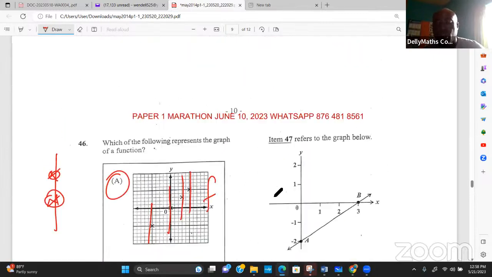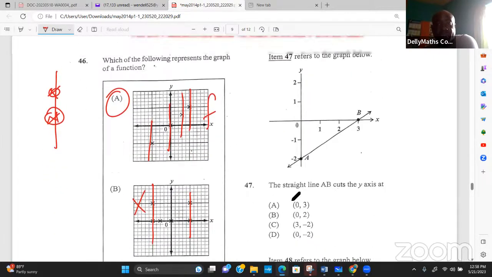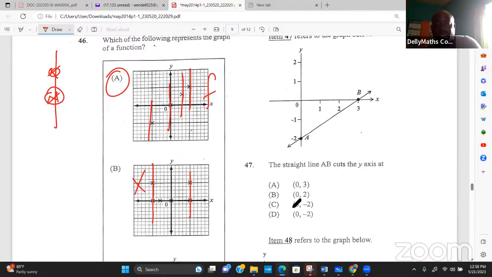All right, let's go. Item 47 refers to the graph below. So you're looking at your graph. The straight line AB cuts the y-axis at what? Right? Now, -2, yeah, but what's the coordinate? Every y-intercept, the coordinate for x is 0.